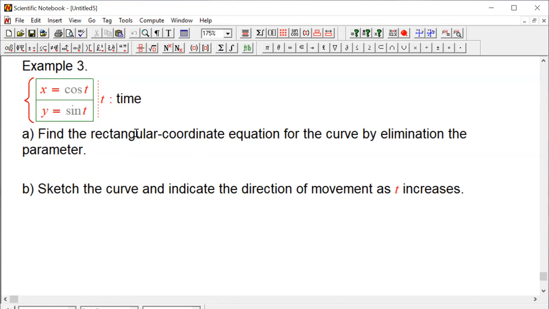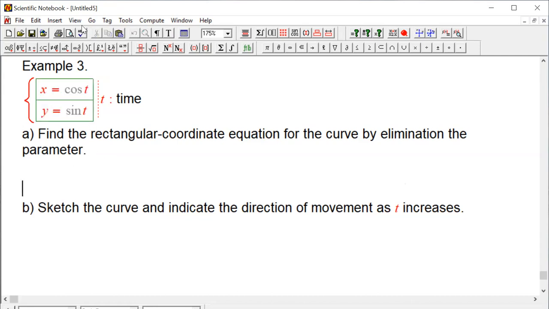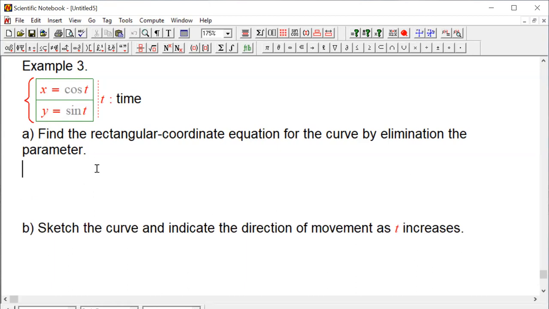Okay, you can choose to do whichever one first. You can do A first or B first, right? It doesn't matter. So I'm going to do A first. So how do I eliminate the t, right? How do we do that?